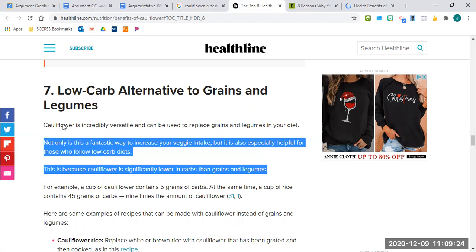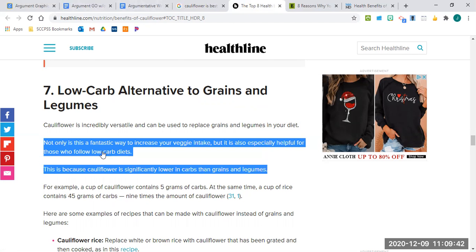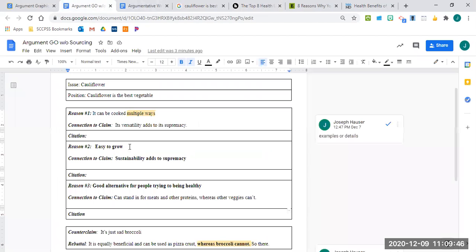Because if I use this quote, cauliflower is incredibly versatile and can be used to replace, that's the same thing as what I'm going to say. So I don't need a citation to back up the same idea as what I'm doing. I need a citation to prove what I'm adding. So that is why I chose this quotation, which I will copy and paste.